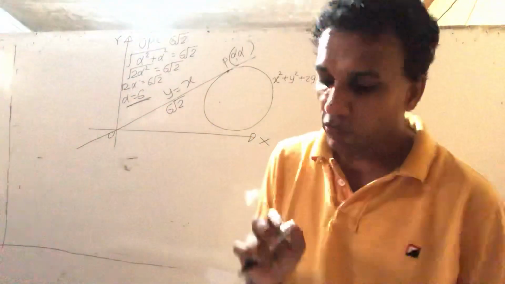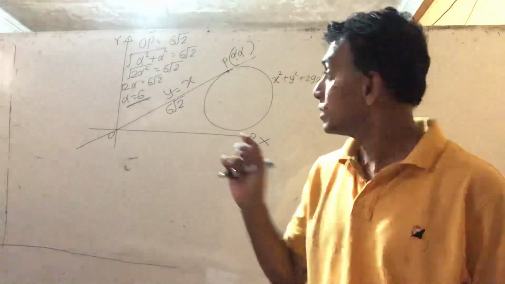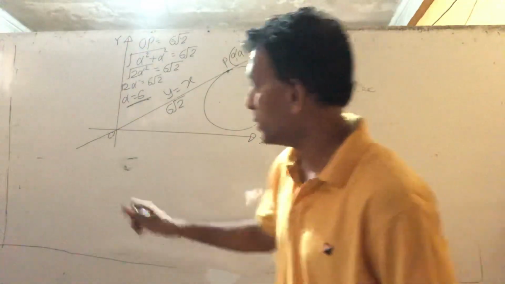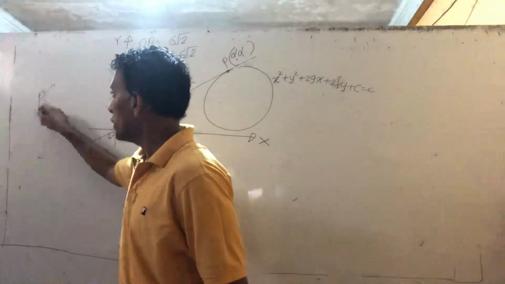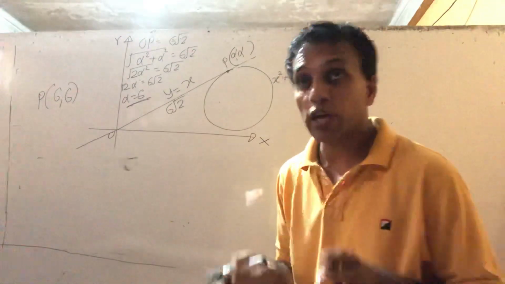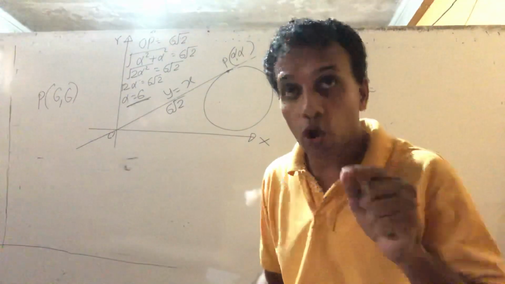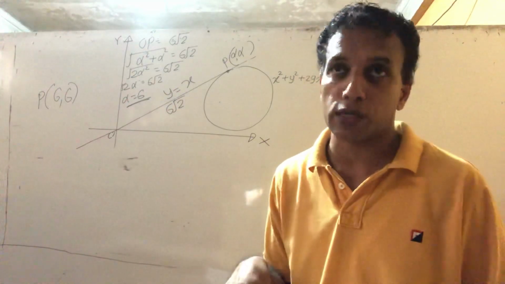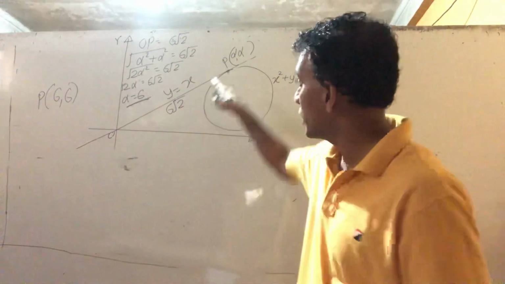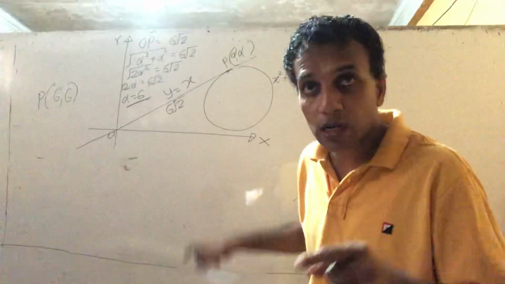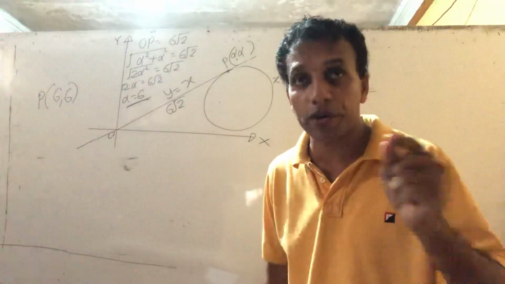We find where the line cuts the circle. Therefore the P coordinate is 6 comma 6, right? The other knowledge: 6 comma 6 is not only on that straight line, it is also on the circle. Alpha comma alpha passes through the circle. The circle passes through that 6 comma 6 coordinate.